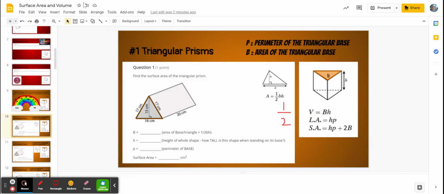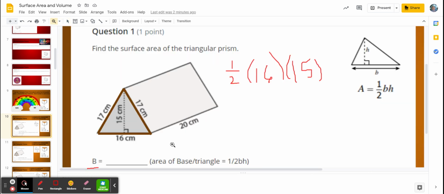So let's look at question number 1, because there seems to be some question about it. If I'm trying to find the base, the area of the base is the area of this triangle. So you want to do 1/2 the base of the triangle times the height.